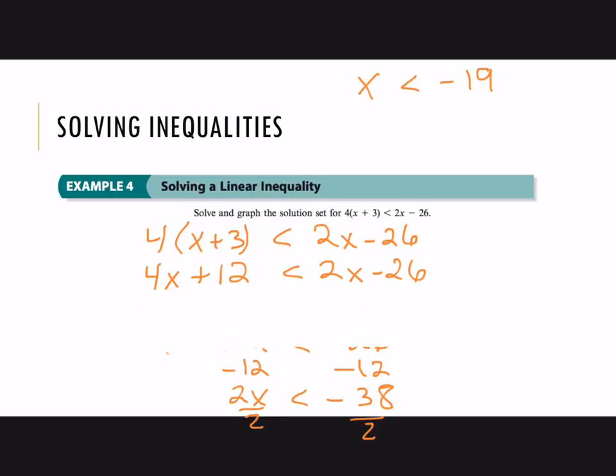Now I'm going to back up, and let's say we moved the x's to the right. So sometimes you'll do that if that ends up with getting a positive x on the right, so that may be why you would choose to do it this way.